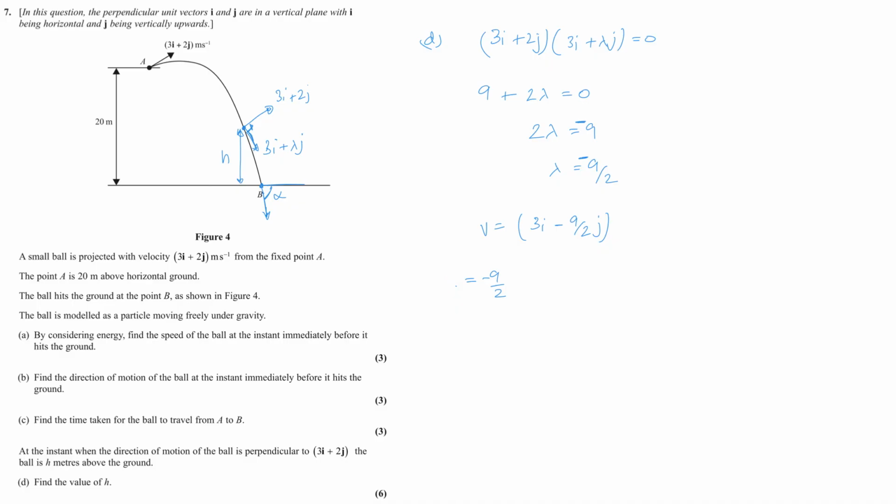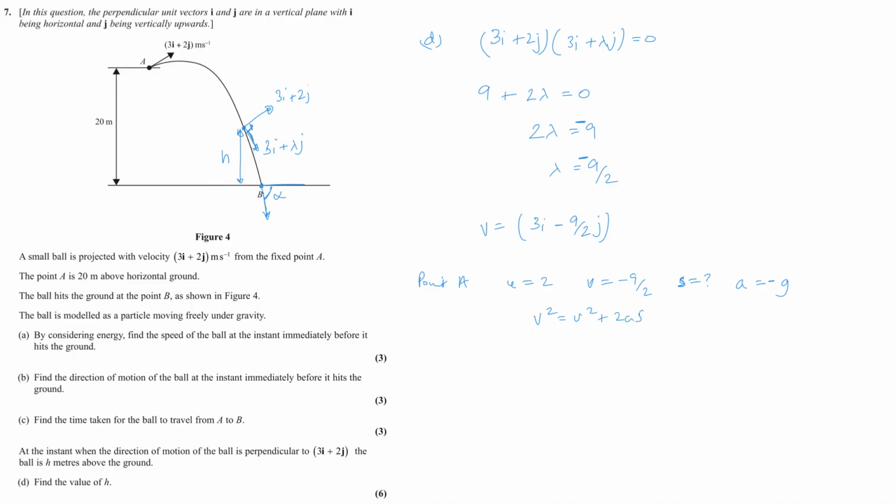Now, hang on. I know what we'll do. We'll go from point A. So u equals 2, v equals minus 9 over 2. s we want to find, and a equals the gravity, isn't it? So minus g. So v squared equals u squared plus 2as.